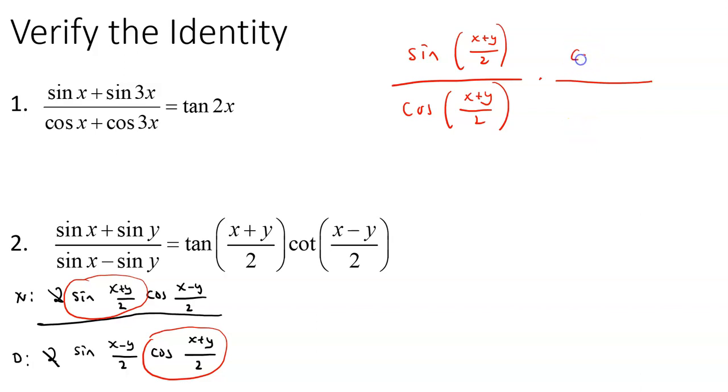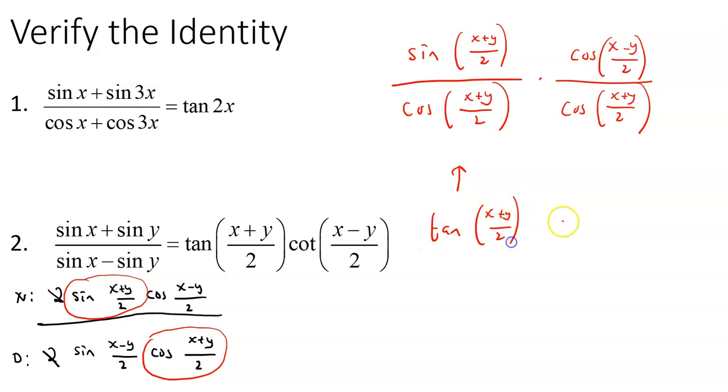I'm left with a cosine of x minus y over 2 and a cosine of x plus y over 2. Well, now look at what I have. I've got sine over cosine of the same thing. Sine over cosine is tangent. So this piece over here is the tangent of x plus y over 2.